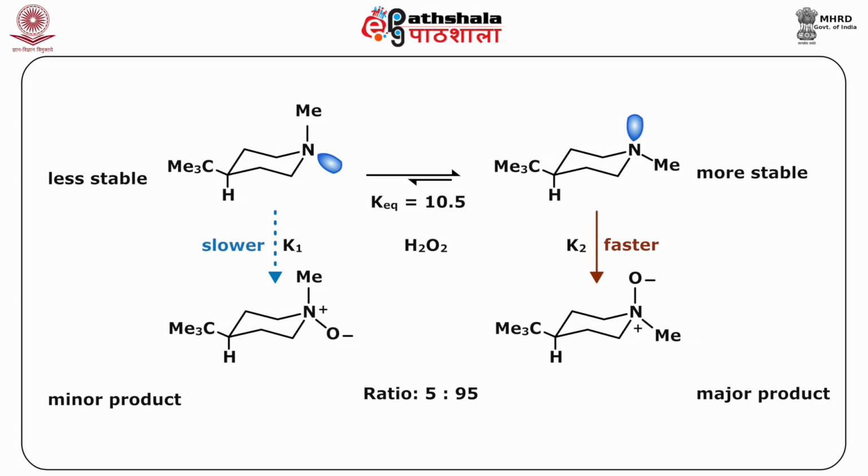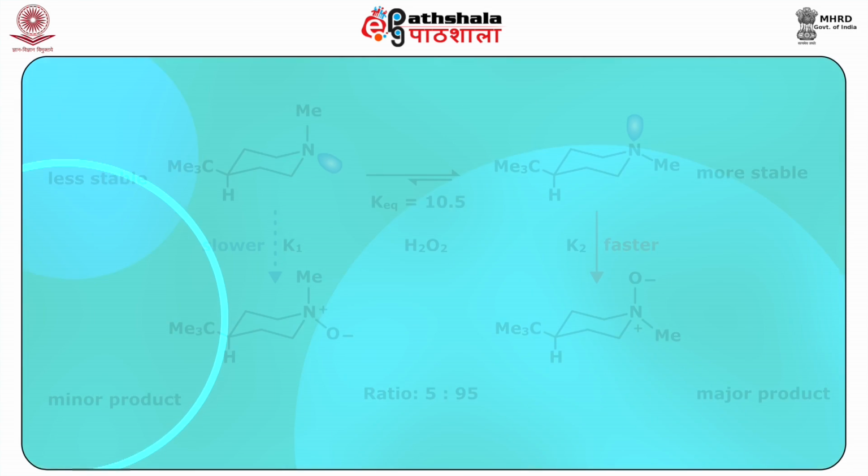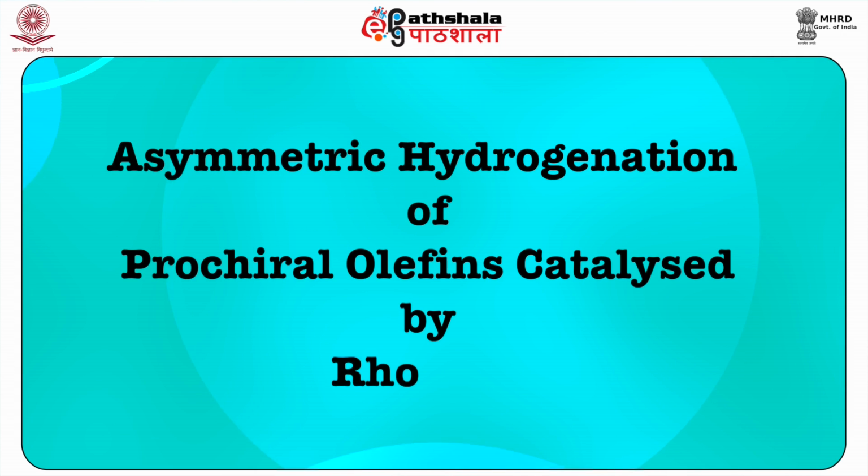As can be seen, the less stable conformer reacts slower, leading to the minor product, and the more stable leading to the major product, and both of them are obtained in the ratio of 5:95.